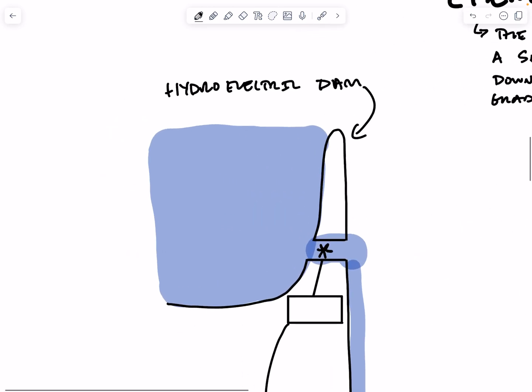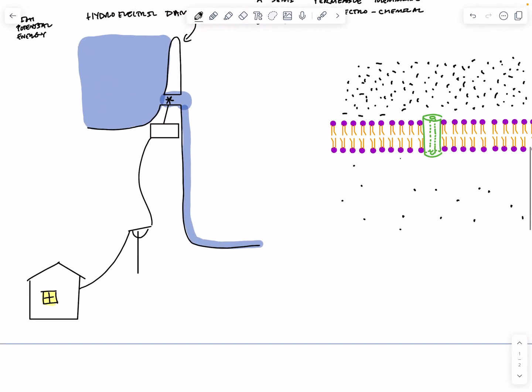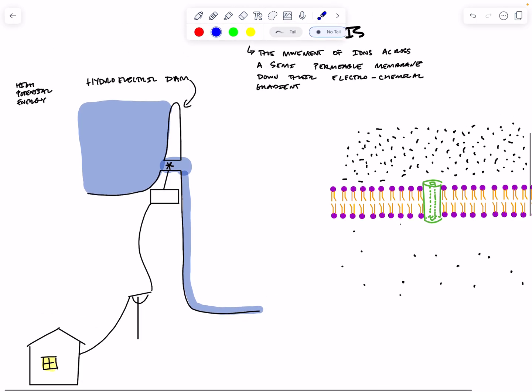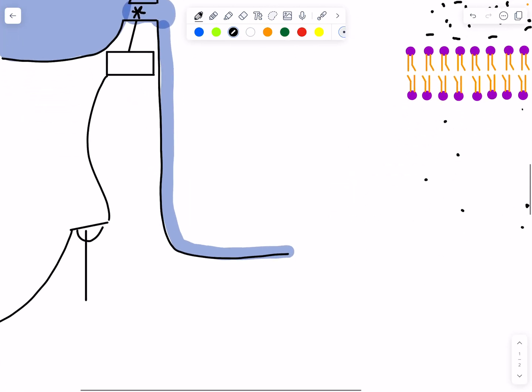We have an area of high potential energy, and relative to an area of lower potential energy downstream. So rivers are always flowing from higher altitudes to lower altitudes. So you have high potential energy, and then you have low potential energy.